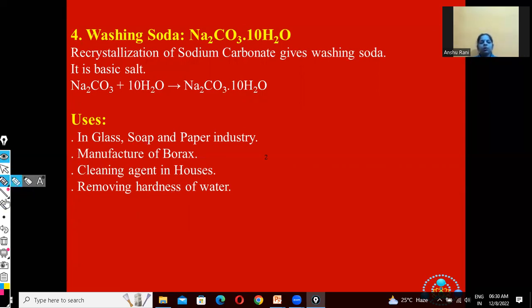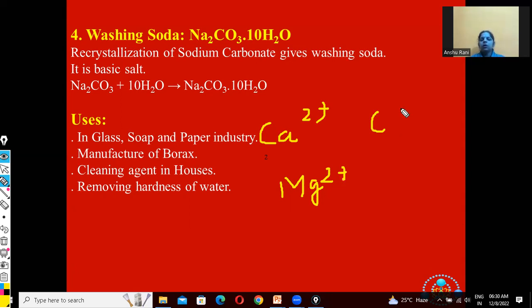Water is hard because of the presence of calcium and magnesium ions in it. If you have calcium and magnesium chlorides and sulfates, it is called permanent hardness of water.